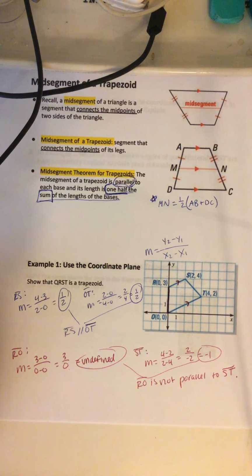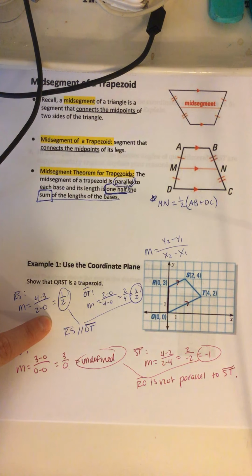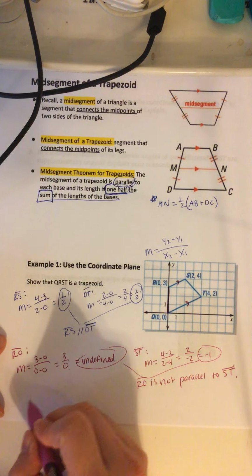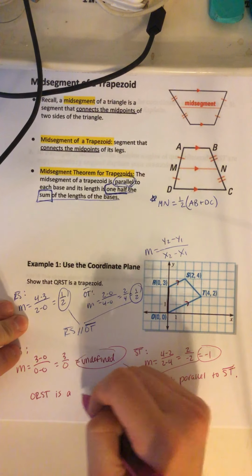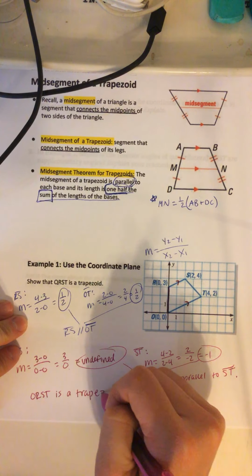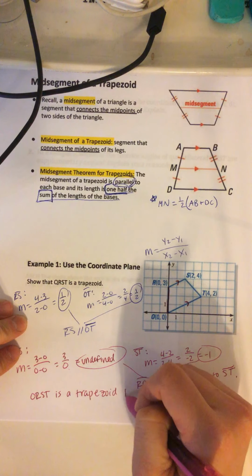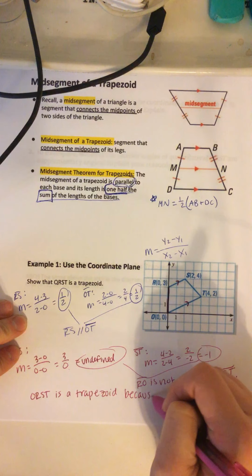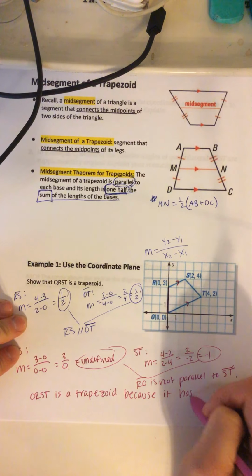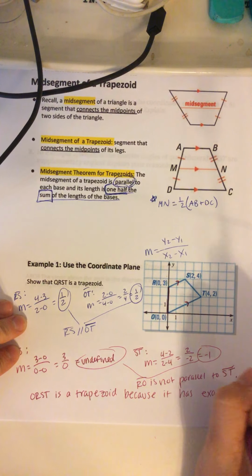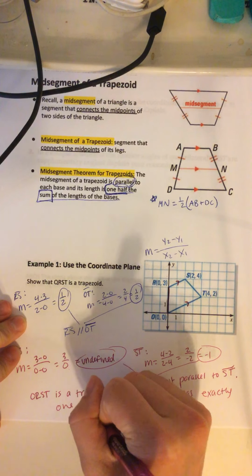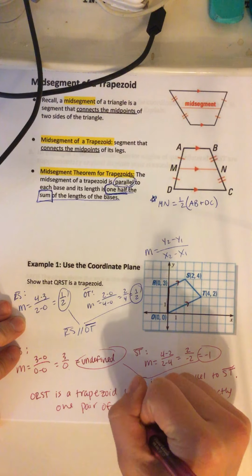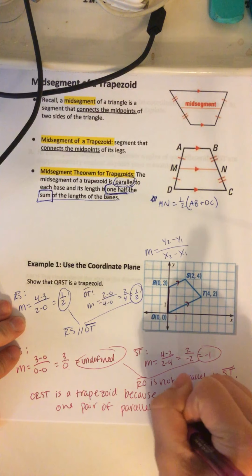So then we showed that we have one set of parallel sides. So then we could say ORST is a trapezoid because it has exactly one pair of parallel sides.